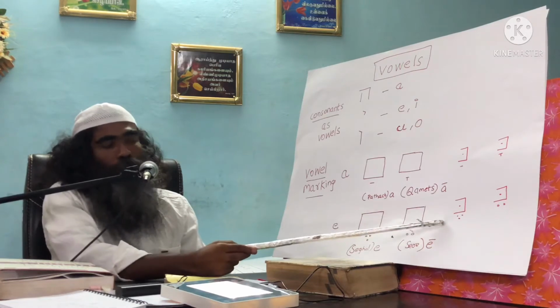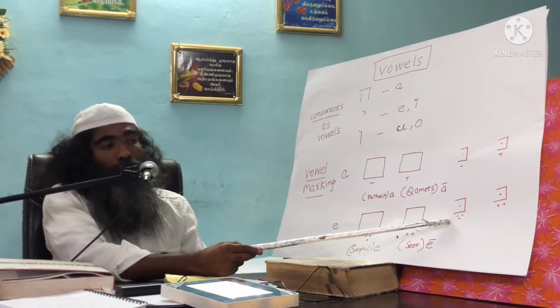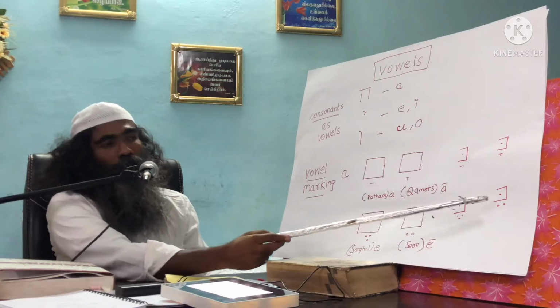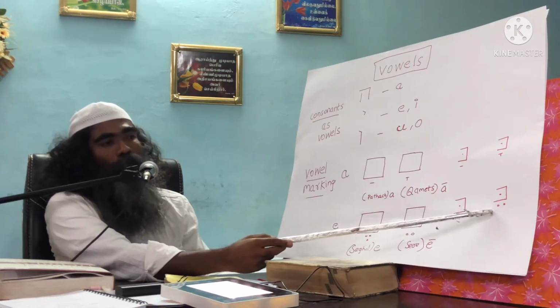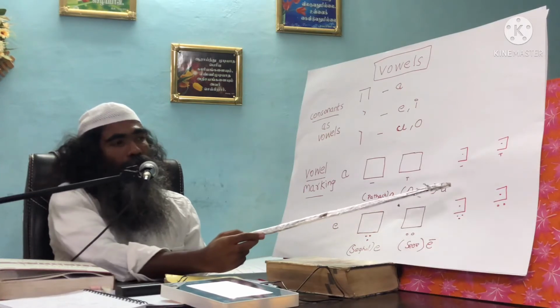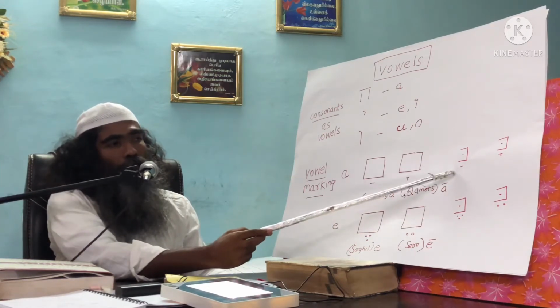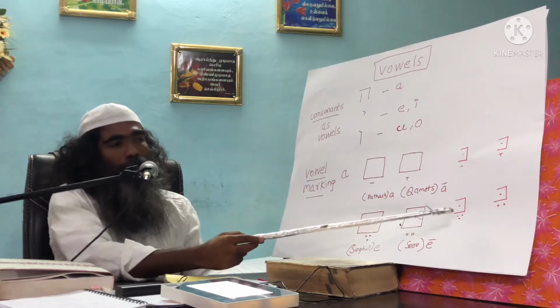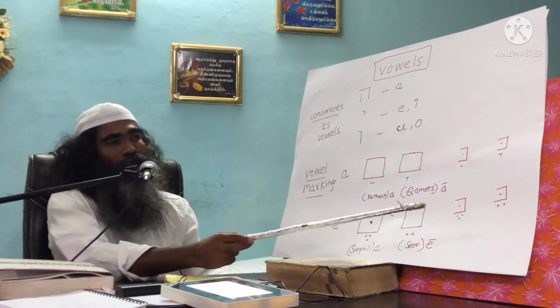B followed by 3 dots in a triangular fashion is pronounced as Be. B followed by 2 horizontal dots, Be. I repeat, Ba, Ba, Be, Be.